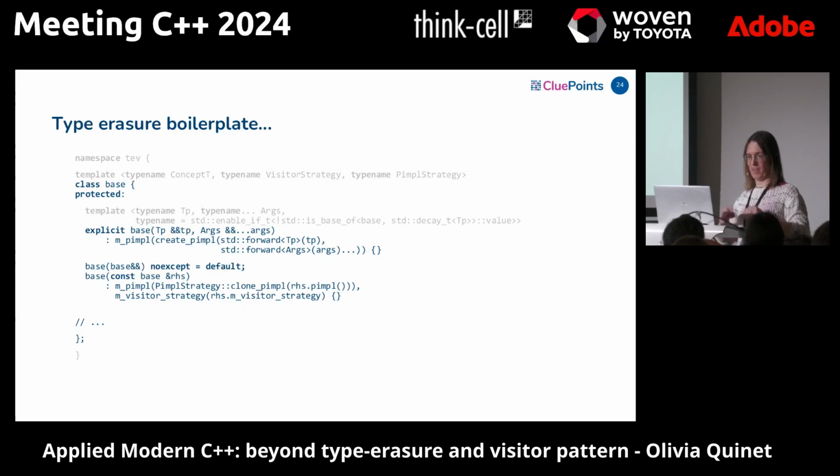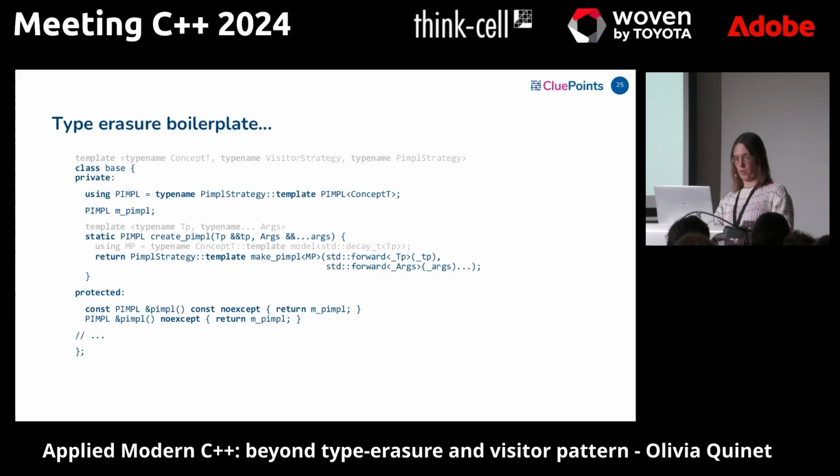So you have a template base class that will take as a first template argument a concept, then a visitor strategy, and then a pimpl strategy. The constructor is easy. Just create a pimpl and forward all the arguments to create pimpl. Then you have the move and the copy constructor. And I didn't write it on the slide, but you have something equivalent for the assignment operator.